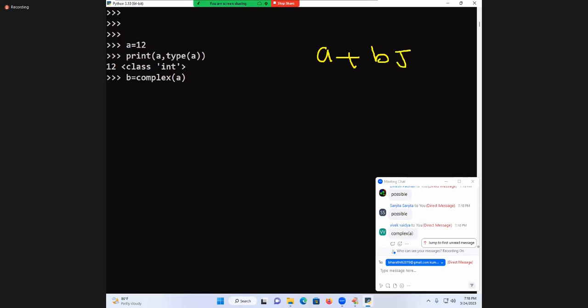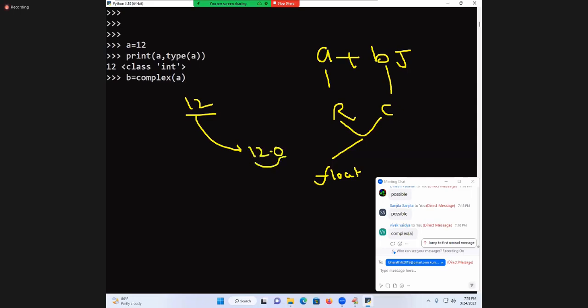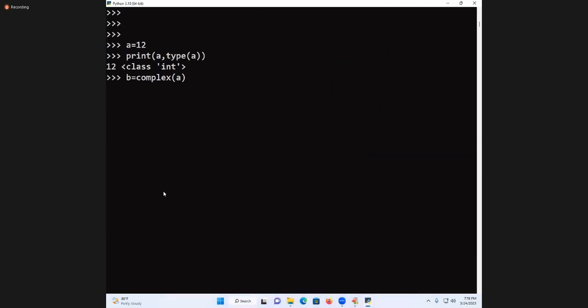A plus bj: A is the real part, B is the imaginary part. Real and imaginary parts are internally treated as which type? Float. I already explained in the class. What is 12? Integer. Integer will be treated as 12.0, the real part. This is called 12 plus 0j.